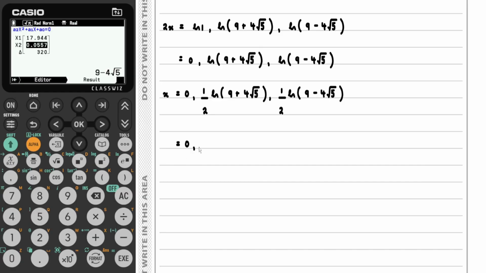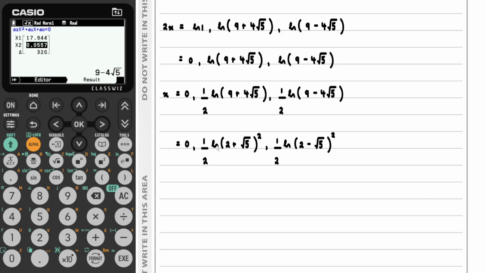So we've got this 0, and we can rewrite a half times the natural log of 9 plus 4 root 5 as a half times the natural log of 2 plus root 5 squared. And similarly, here we would have a half times the natural log of 2 subtract root 5 squared. And that's because 2 plus root 5 squared is 9 plus 4 root 5, and 2 subtract root 5 squared is 9 subtract 4 root 5.